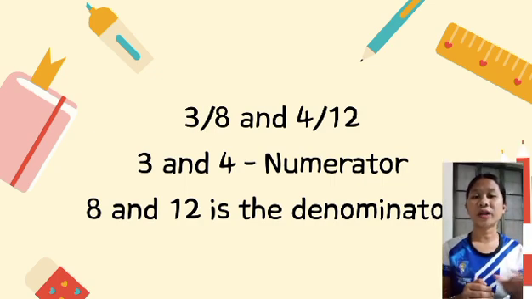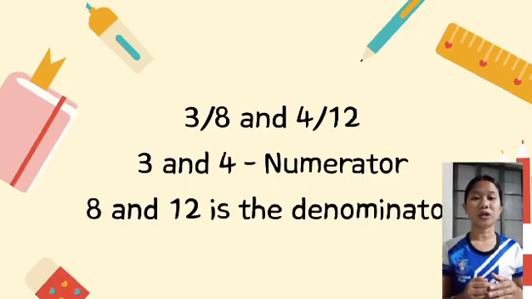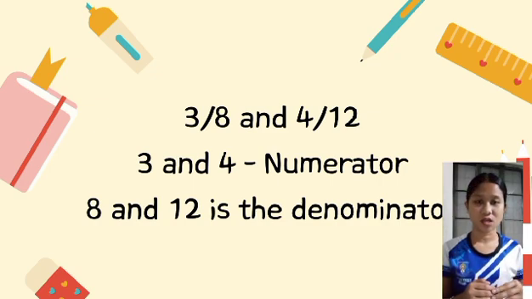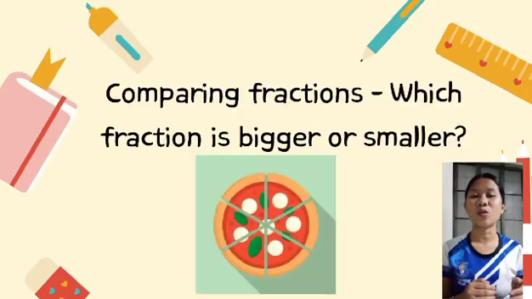So let's begin comparing fractions that have the same denominators. When fractions have the same denominator, it means the whole is divided into the same number of pieces. To compare them, we look at the numerators. What is again the numerator? Yes, the numerators are the top numbers. The bigger numerator means the bigger fraction because it shows how many pieces we have.